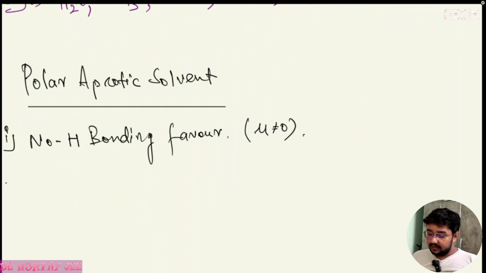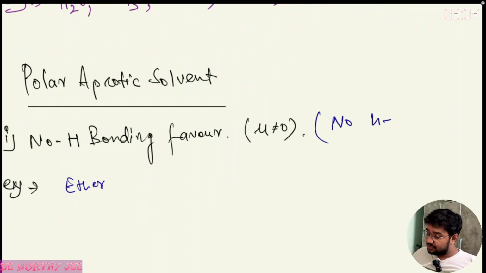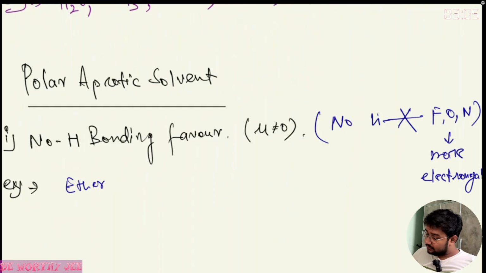And okay, write the examples for this, such as ether. Because there is no H attached to fluorine, oxygen, or nitrogen. Mostly here we can write more electronegative atom. Okay?